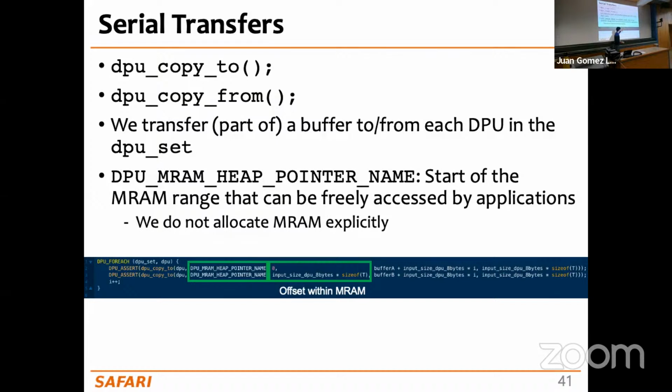And this is the offset. You can see that this offset for buffer B is exactly the same size as the size of the buffer A that we copied into this MRAM. So basically what we are doing is from the start of the MRAM, we copy a few bytes from buffer A, and then we copy a few bytes from buffer B. And this is how it works, okay?